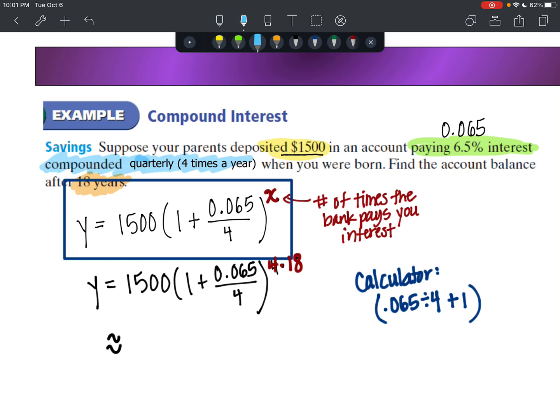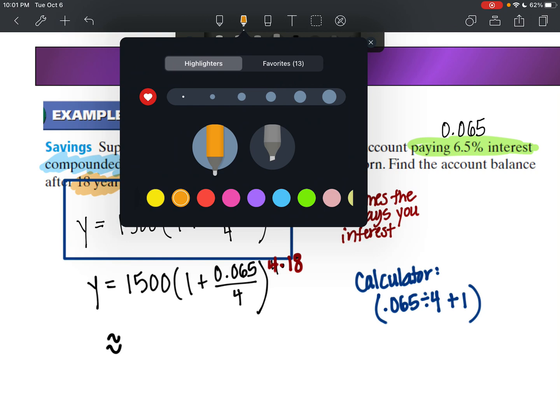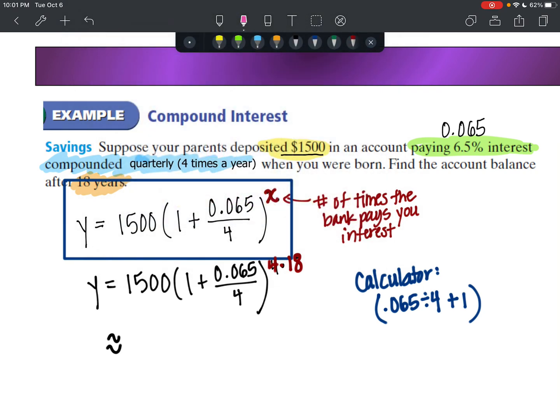That number right there, this value right here, is the same thing as this. Then you're going to take that amount and raise it to the 4 times 18 power. So in parentheses, you're going to put 4 times 18.